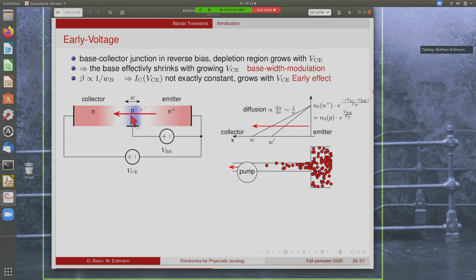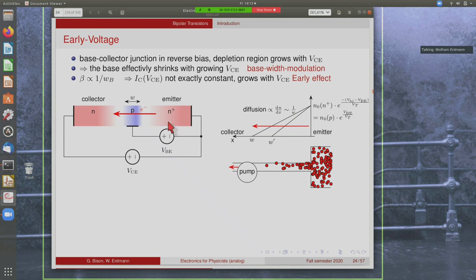So why does the current depend like 1 over the width of the base? That's because it's a diffusion current. If you look at the density gradient in the base, it's basically the density of charges injected on one side from the emitter, which is proportional to this exponential factor and the doping, more or less.